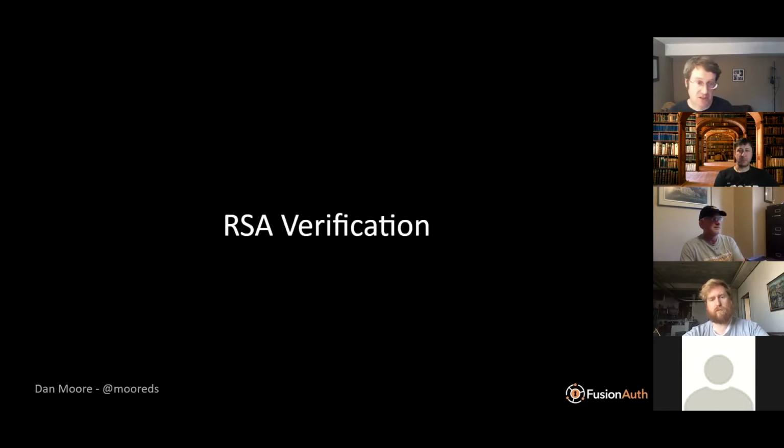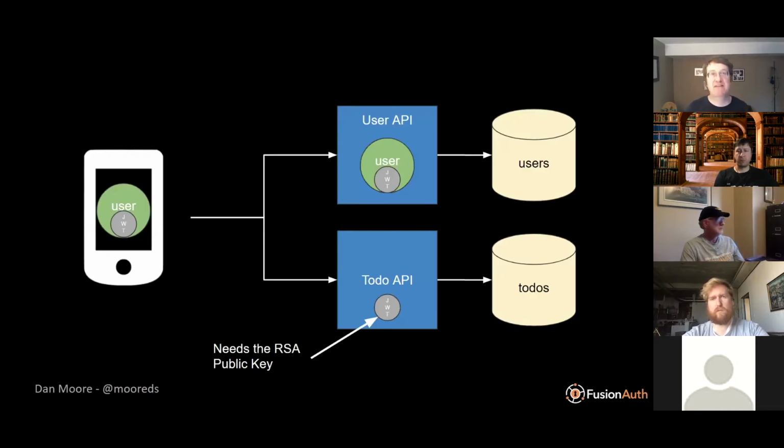All right, so let's talk about RSA verification. This is more generally any kind of public-private key signature validation. So we might have a situation here where the user API is managed by one group and the to-do API is managed by a different group. And if they have a safe way to exchange secrets, then using a symmetric key like HMAC might be a better option.